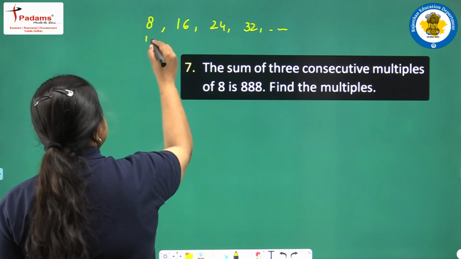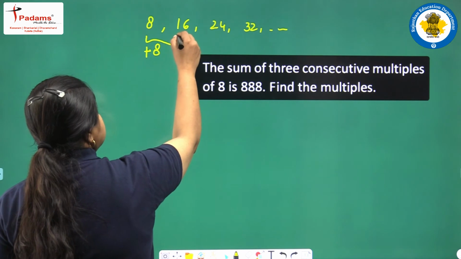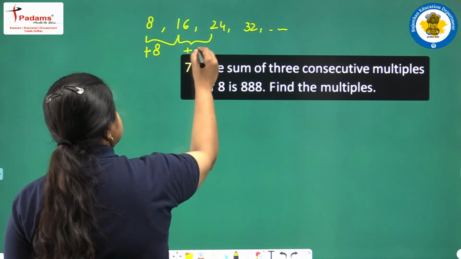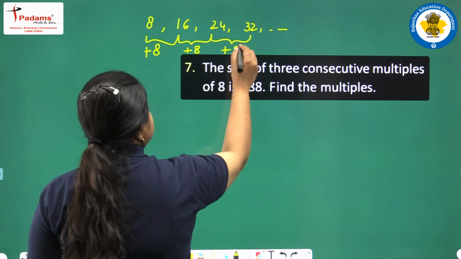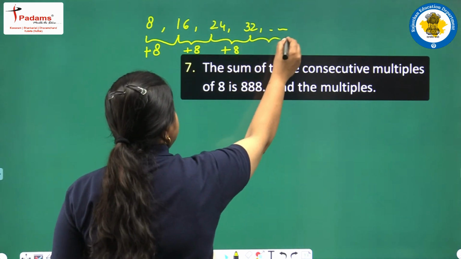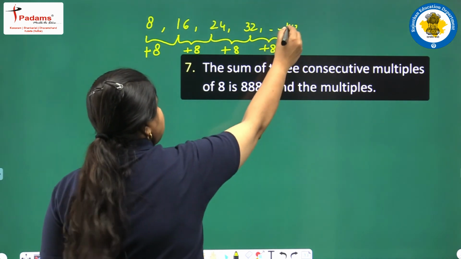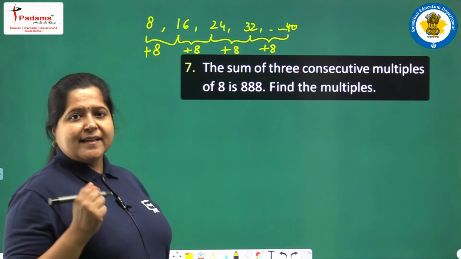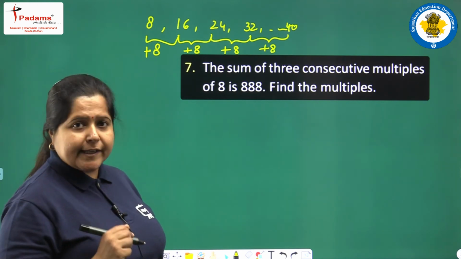What do you see? When I add 8 to 8, I get 16. Then again add 8 to 16, you get 24. Again add 8, you get 32. And again add 8, you will get 40. So this means that on adding 8, we get the next multiple of 8.